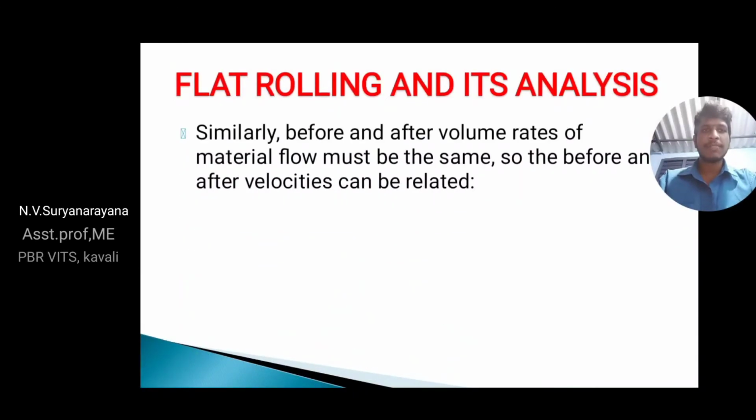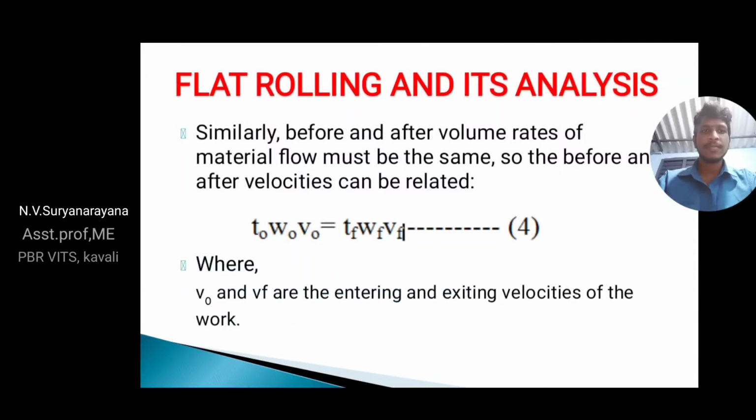Similarly, before and after, the volume rates of material flow must be the same. So before and after velocities can be related: T0, W0, V0 equals Tf, Wf, Vf, that is expression 4. Here V0 and Vf are the entering and exiting velocities.